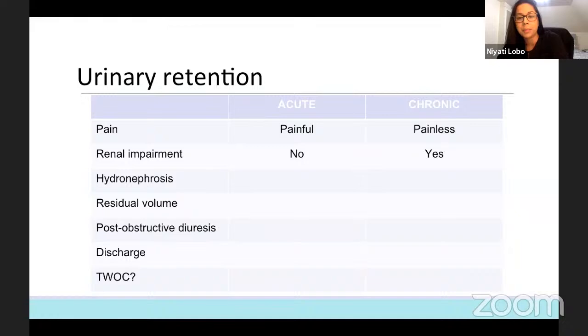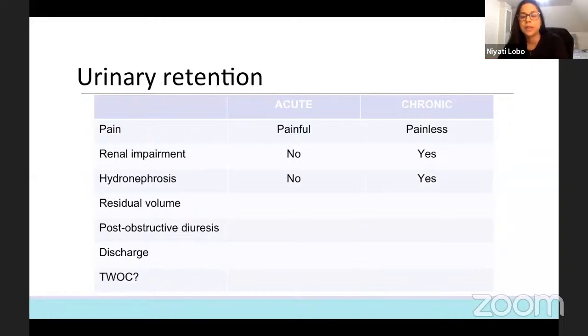So if you have painless retention in someone that has an AKI, you're thinking, okay, this is chronic retention. The presence of hydronephrosis also suggests that someone is a chronic retainer. So if you see bilateral hydronephrosis on an ultrasound or on a CT scan in a man or a woman with a very distended, large volume bladder, you're thinking, again, this is chronic retention.